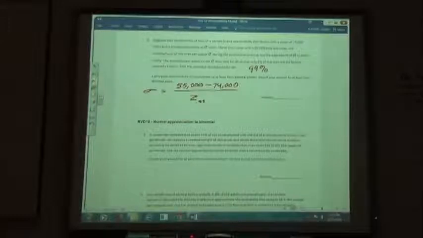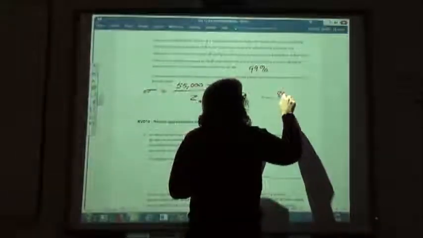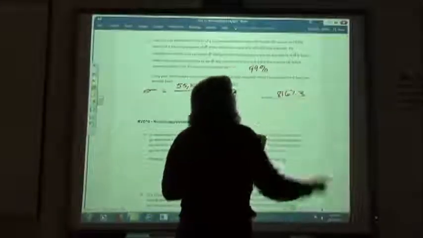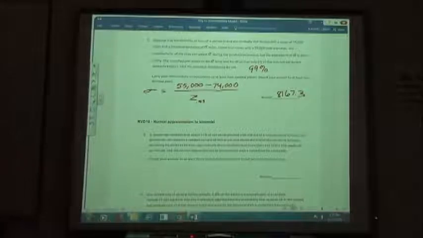And then we're just going to punch that into our calculator and figure it out. Make sure you figure the top number first before you do your dividing. Yep, 8167.3. Okay.